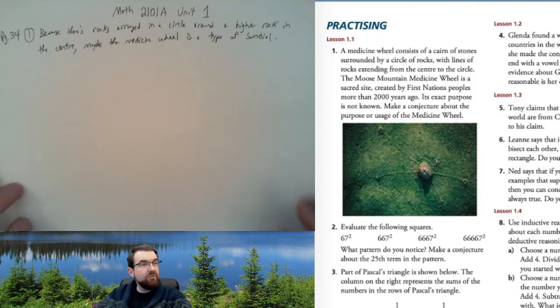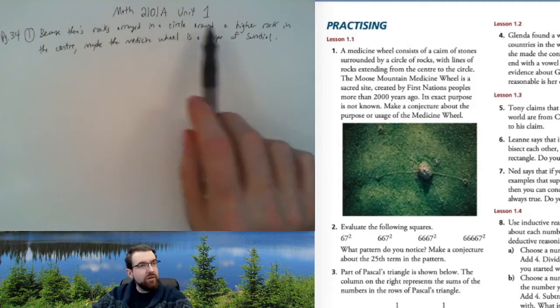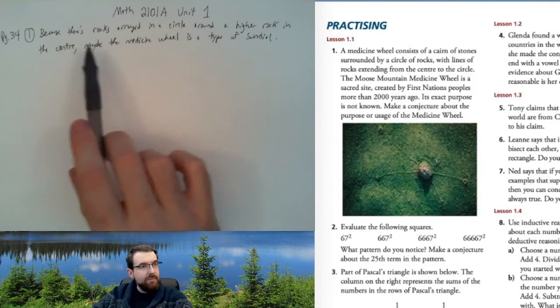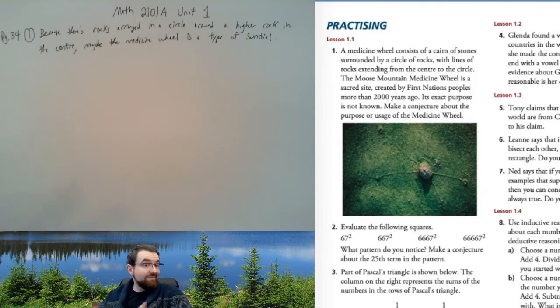That's a conjecture, right? Because there's rocks arranged in a circle around a higher rock in the center, maybe the medicine wheel is a type of sundial. Hey, that's a conjecture that you can make, totally valid based on that picture. It's not one that we can prove right or wrong.